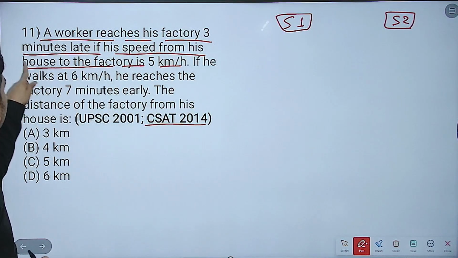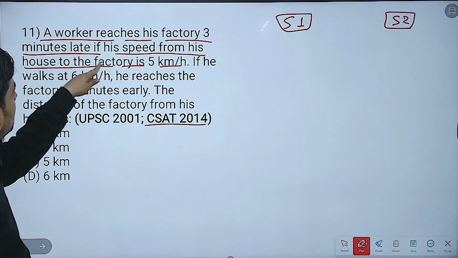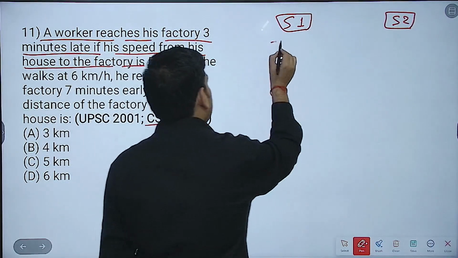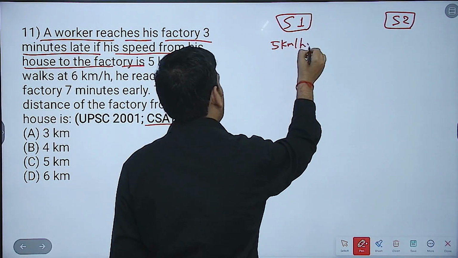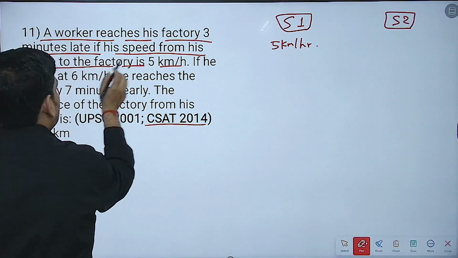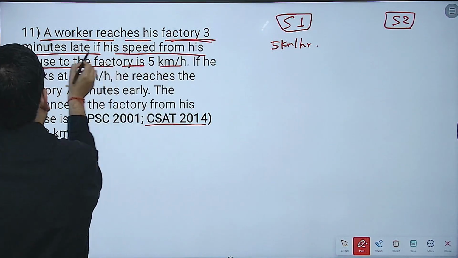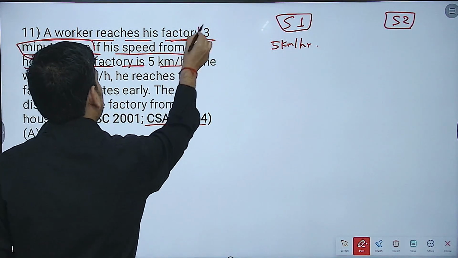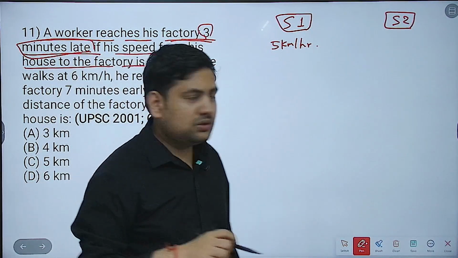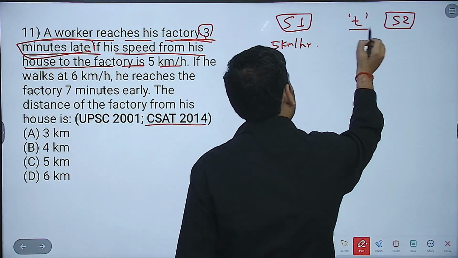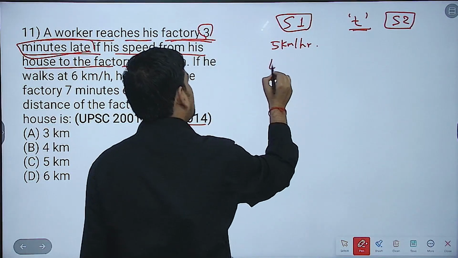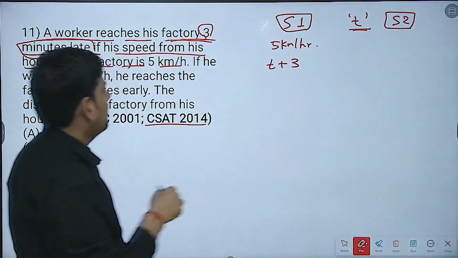In the first scenario, the worker reaches his factory 3 minutes late if his speed is 5 kilometer per hour. Now you already know how you take time. Scheduled time is always taken as t. So if t is scheduled time, he reaches 3 minutes late, that is t plus 3.